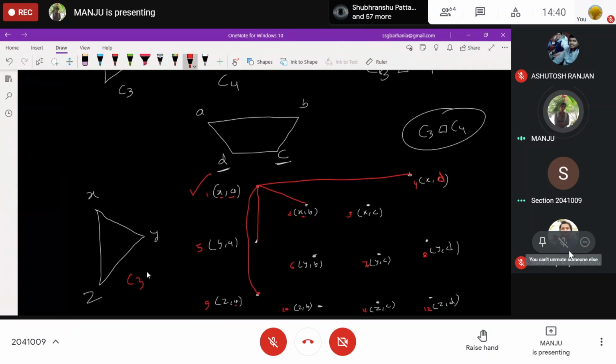Now is 2 adjacent to 3 or not? Tell me. Now we have to focus, keep in mind 2. Is 2 adjacent to 3 or not? Yes, sir. To 4? Yes, sir. To 5? No, sir. To 6?